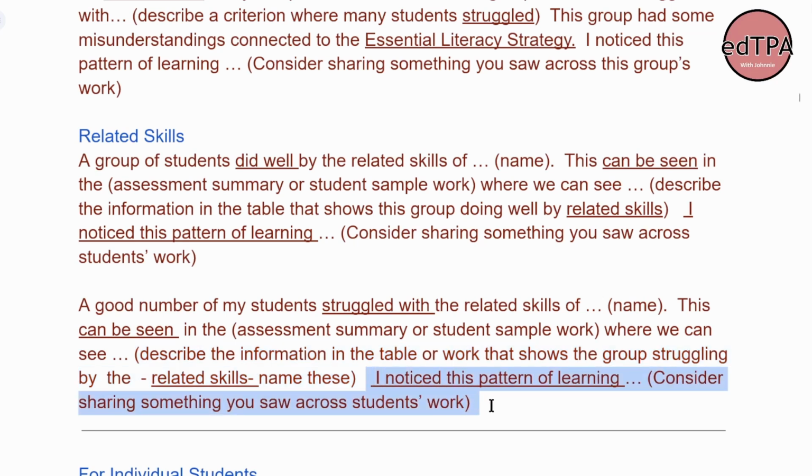Consider sharing something you saw across students' work. So for related skills, we've talked about what they did well by, and then continue with related skills, a pattern of learning with related skills, what they struggled with, the evidence being in the assessment summary or student work sample, and then you write about patterns of learning.